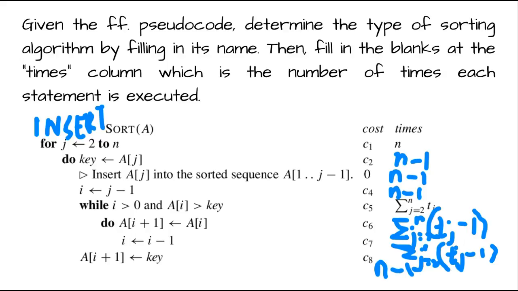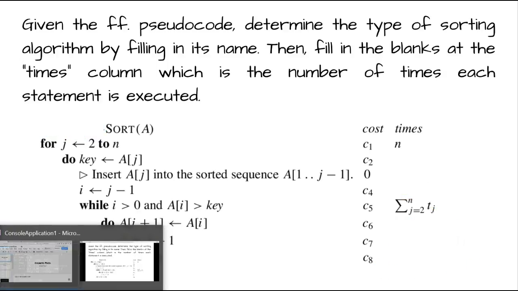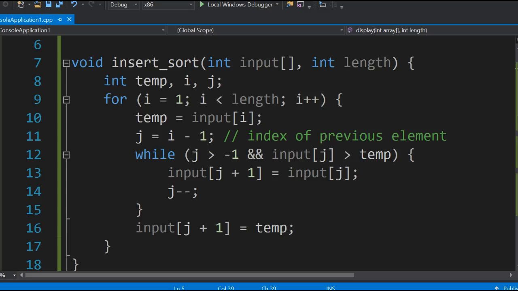And that's it. If we implement this, it will look like this in C. So insertion sort, we are accepting an input array and its length. Then we initialize a temporary or the key and indices i and j. So for i equals 1 up to its length, remember that i is the second element, so this is 2 to n.